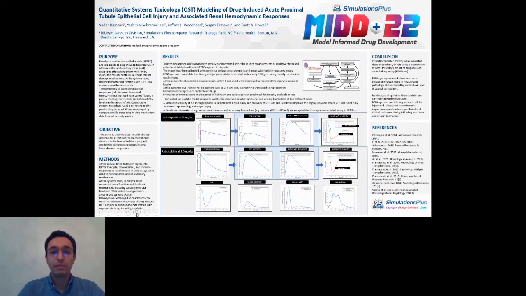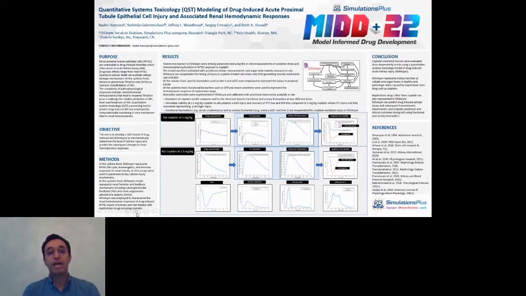This injury varies from mild to severe, and in some cases leads to cellular death in the form of necrosis or apoptosis. And at the systemic level, the AKI manifestation is a decline in filtration rate, which we call GFR, the glomerular filtration rate.